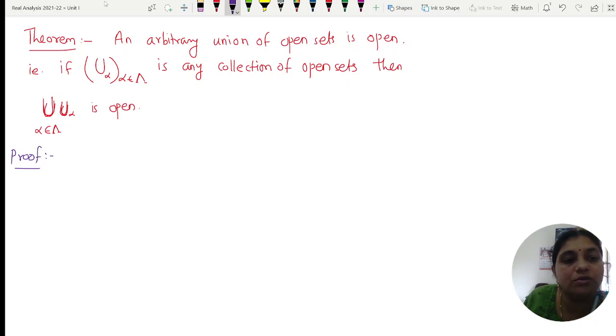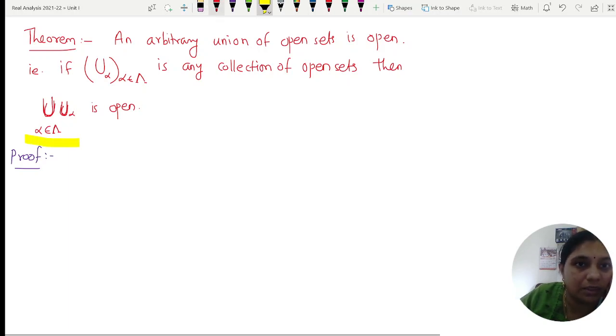Alpha belongs to a directed set. It may be finite, countable, uncountable, whatever. That directed set can be any set, but still that union of U alpha will be an open set. So how can we prove this? We'll denote this set by some other name.